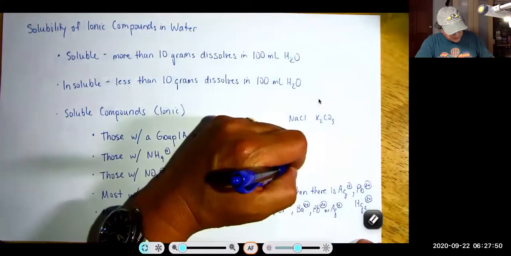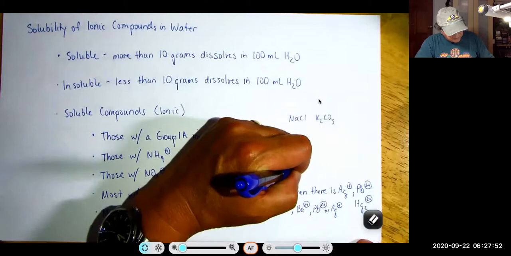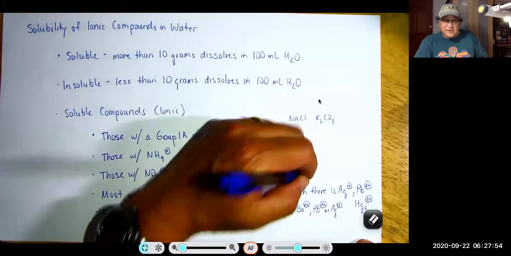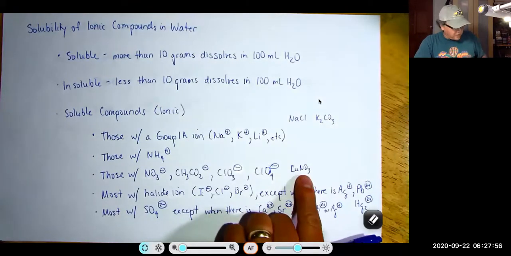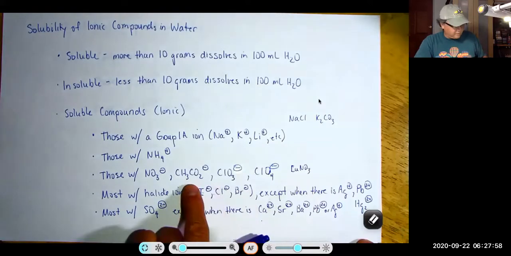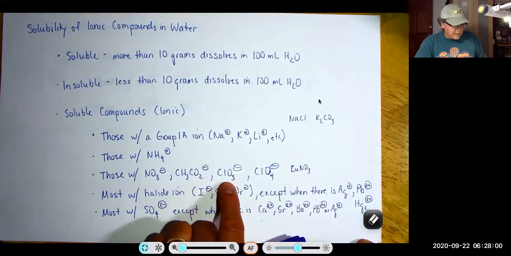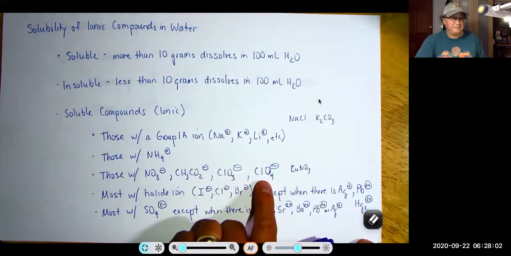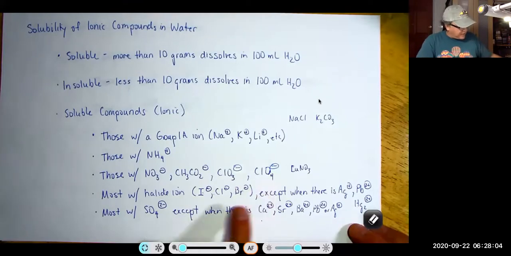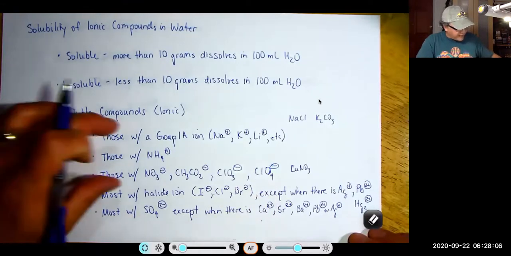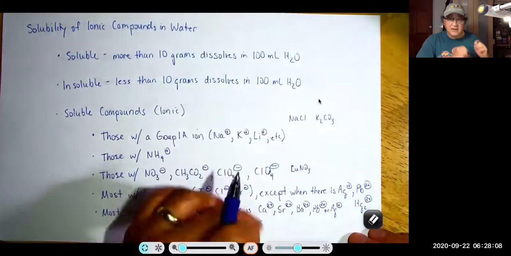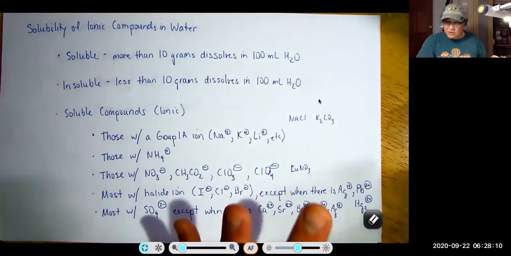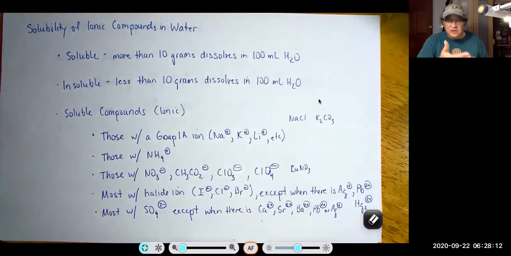So this will dissolve because it has the nitrate ion. With the acetate ion, the chlorate ion, and the perchlorate ion. So if you see any one of these in the compound, it will dissolve. That's what we're going to go with. It's not really true, but it's the easiest thing to think about. Those are clinchers. They're guarantees.